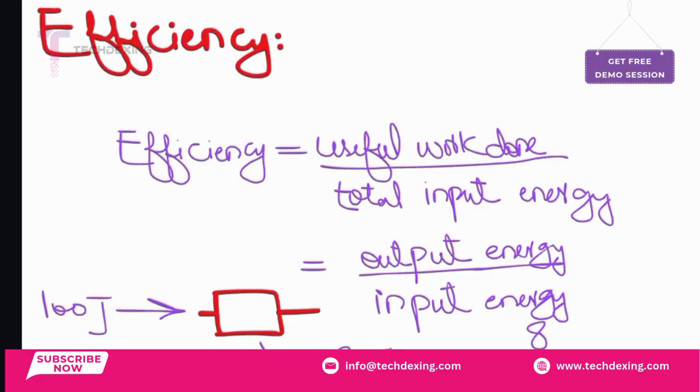So 80 joule is our output and 100 joule is our input. You can see that the unit joule and joule would cancel out each other. So this and this would be cancelled.